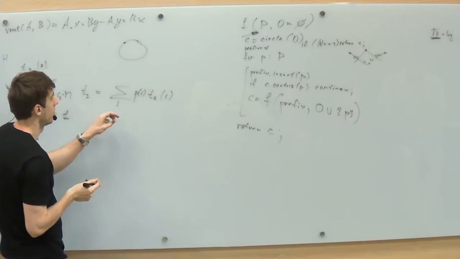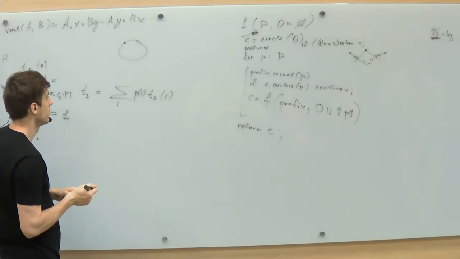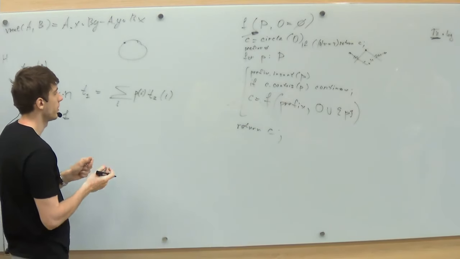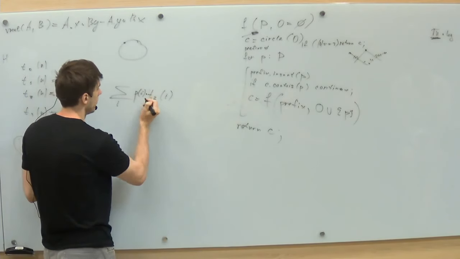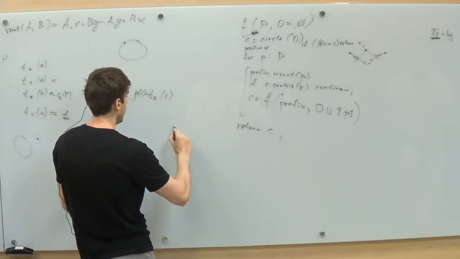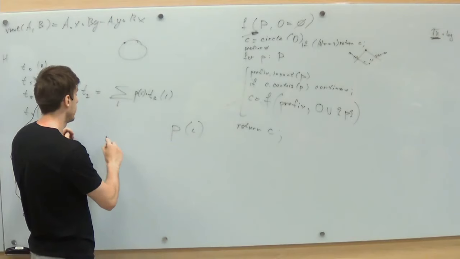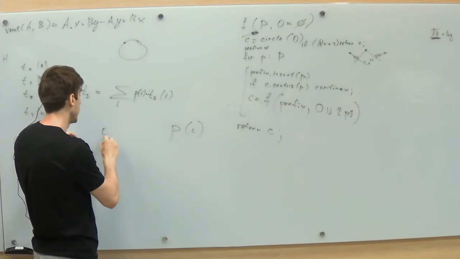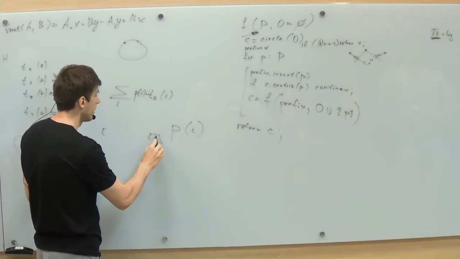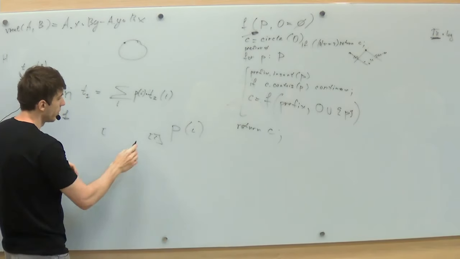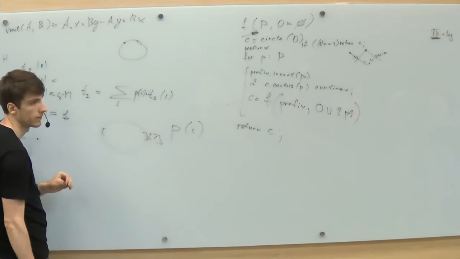Again, P I is the probability that the last point, index I, is not inside of the optimal answer of size I minus 1.